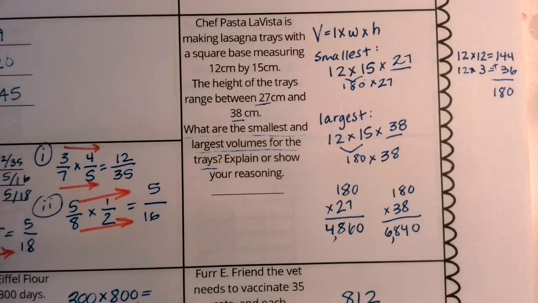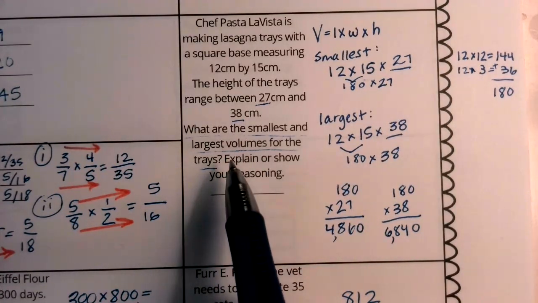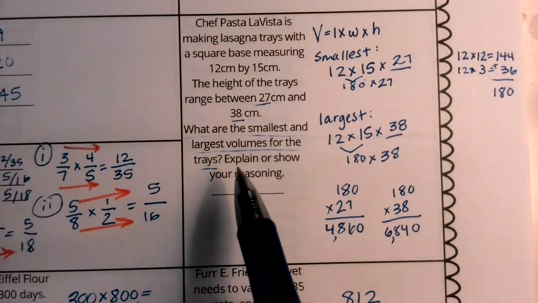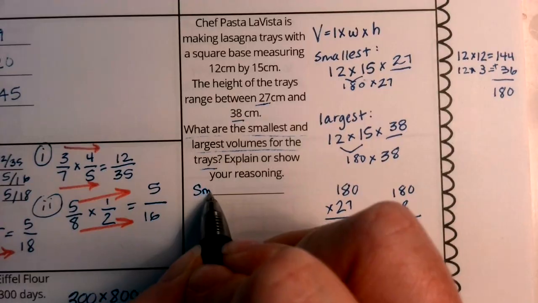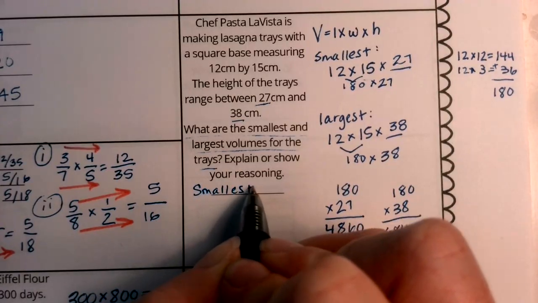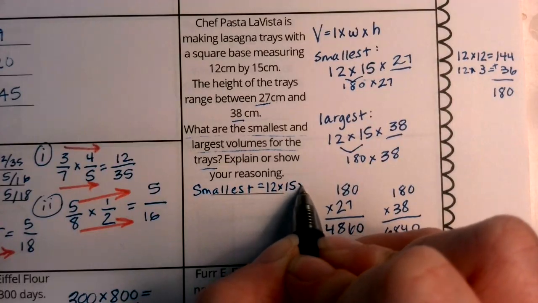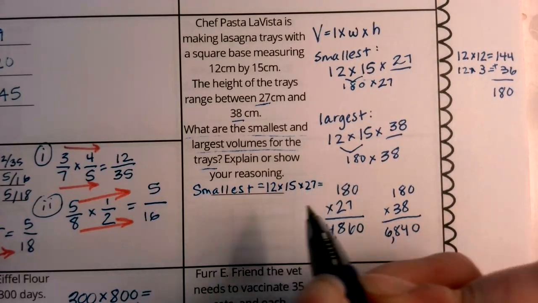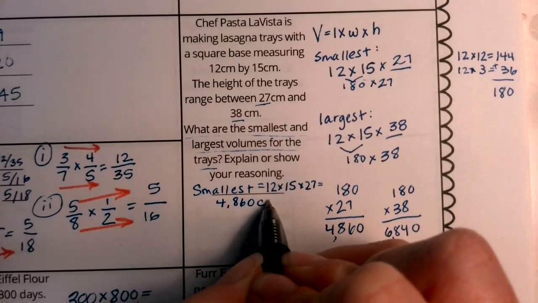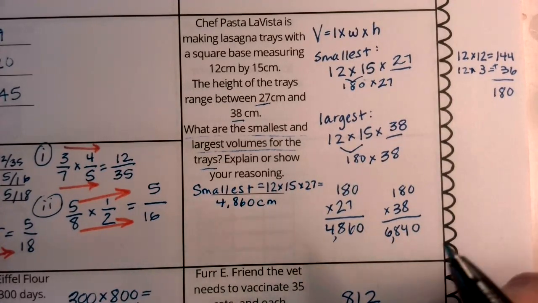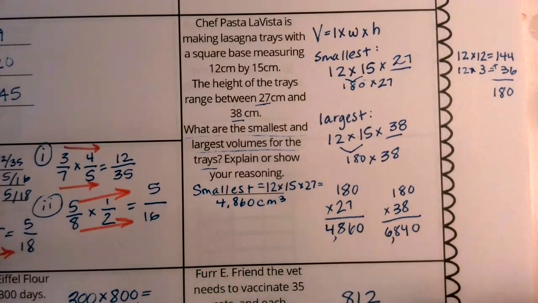Now notice the format that this wants our answer in. It wants us to report the smallest and the largest volumes, and then show our reasoning. So I'm going to write that the smallest equals, and I'm going to write the dimensions, 12 times 15 times 27, which equals 4,860 centimeters. And those centimeters, because it's volume, are cubed.